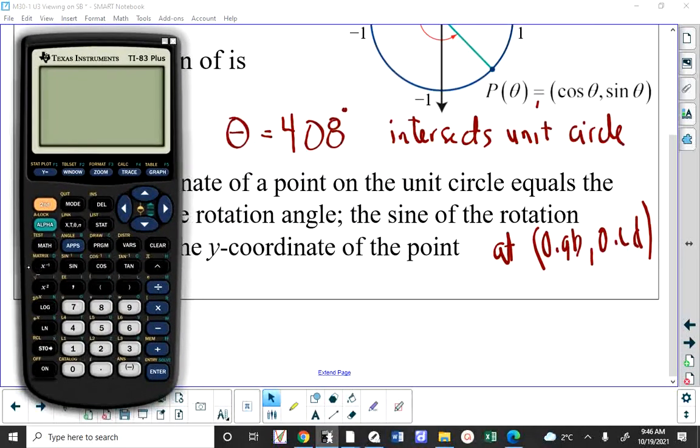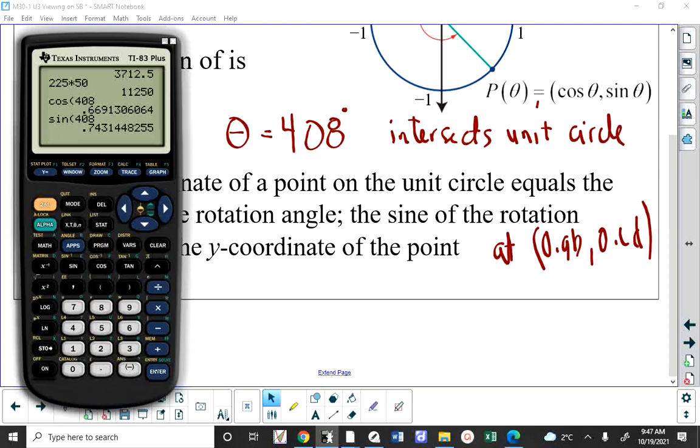So the x-coordinate of the point of intersection of that terminal arm for that rotation angle with the unit circle is 0.67, and the y-coordinate is 0.74. So the answer would be 6774.